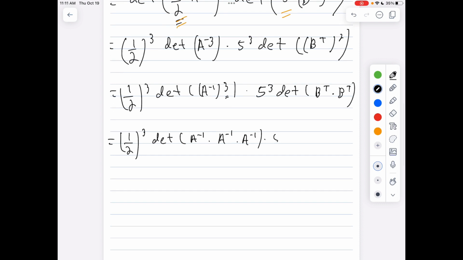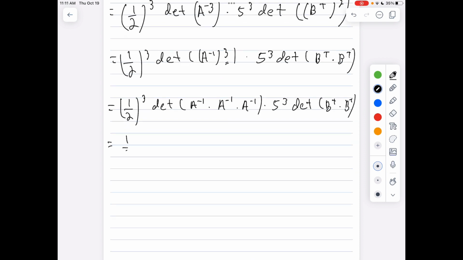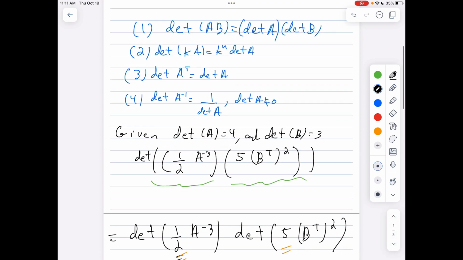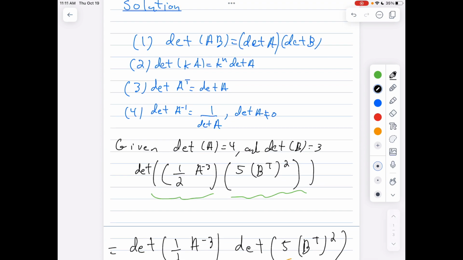I'll just write that down here for continuity's sake. And what can I do with that? Well, I can split this up as a product of 3 determinants. This is expanding on the first rule again. I know it says 2, but it works with any number of matrices that you're multiplying.